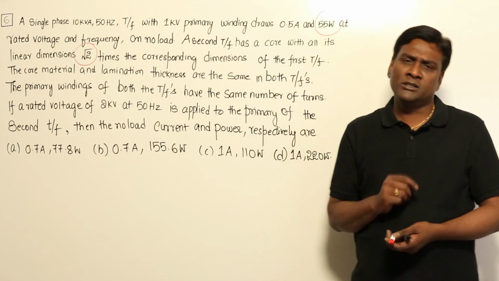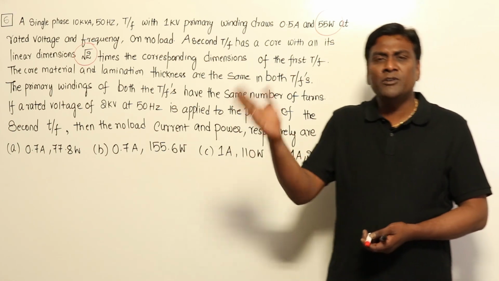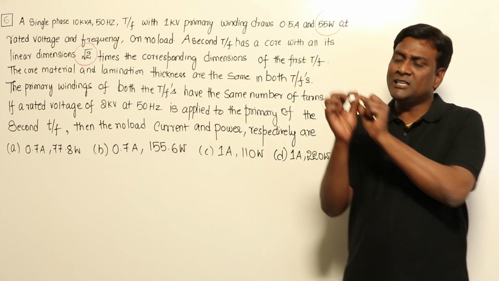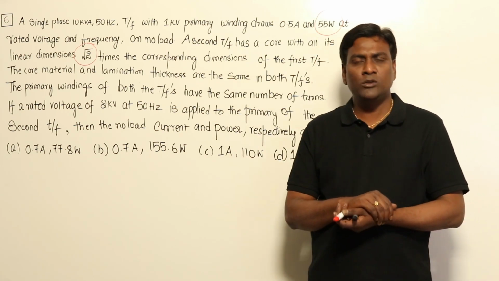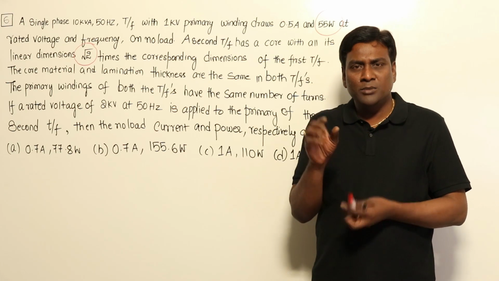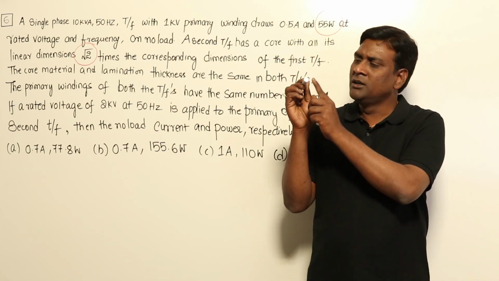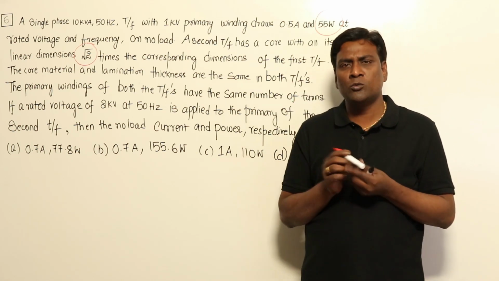Now simple logic: if the volume of copper is increased by, for example, x times, how will the volume of copper be increased? Either by increasing the area of cross section or the length of the copper. For example, if this is 1 mm square area of cross section and I double it, what does it mean?